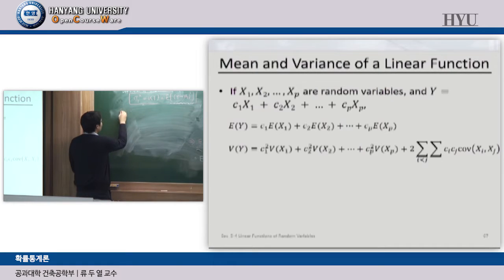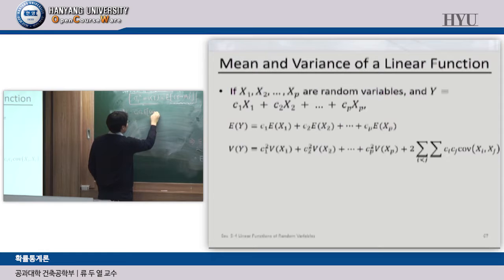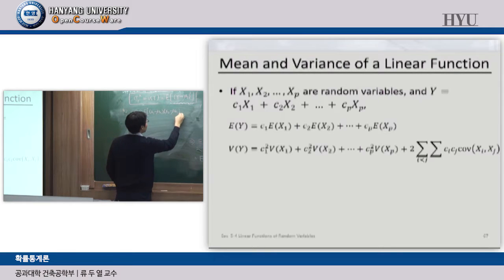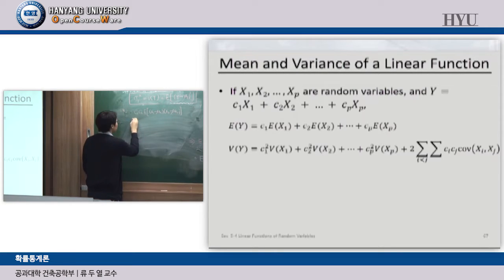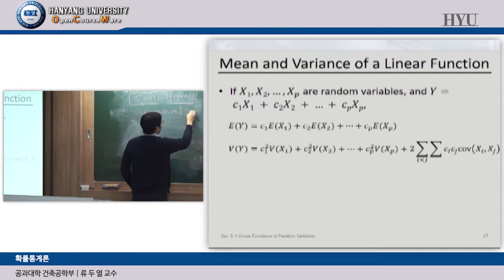And when i is not equal to j, okay? For this case, we have c_1 by c_2 by E[(X_1 minus mu_X1) by (X_2 minus mu_X2)] plus, this is the case i is equal to 1 and j is equal to 2, okay?